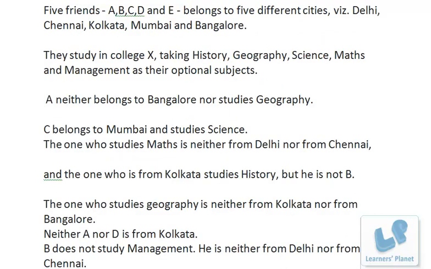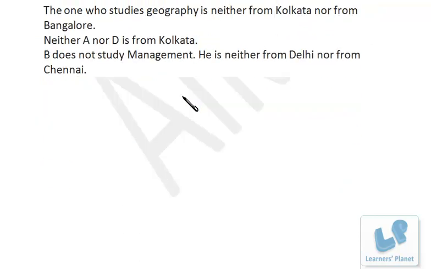Now friends, let's try this matrix puzzle. Here 5 friends belong to 5 cities and they are studying 5 different subjects. So first of all, we need to make a matrix over here.